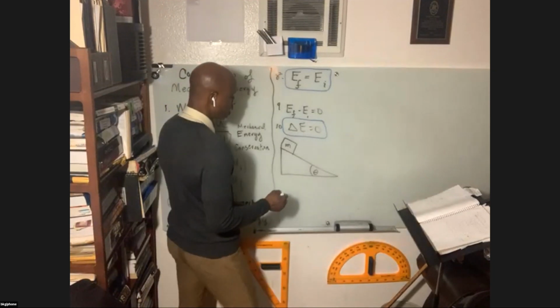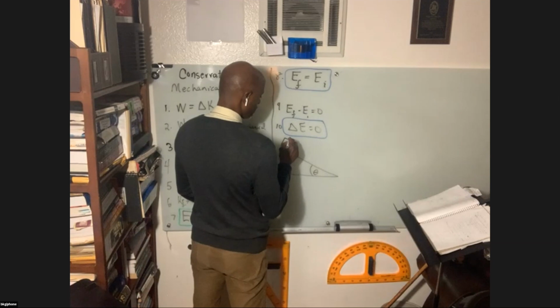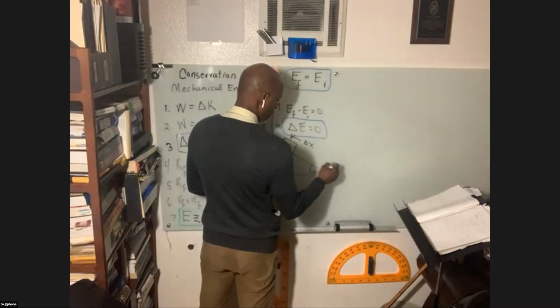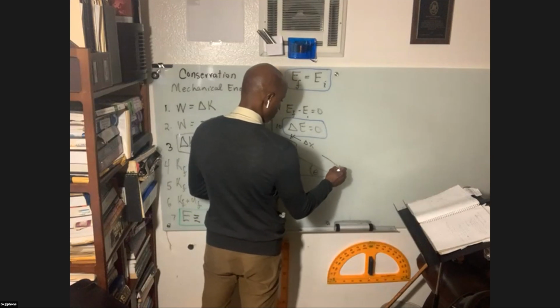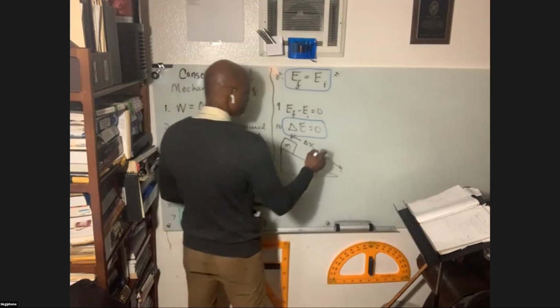So remember what is given here. I think we had 3 things. We had M. I also gave you delta X. I told you that distance delta X was the distance along the plane. So what's given?